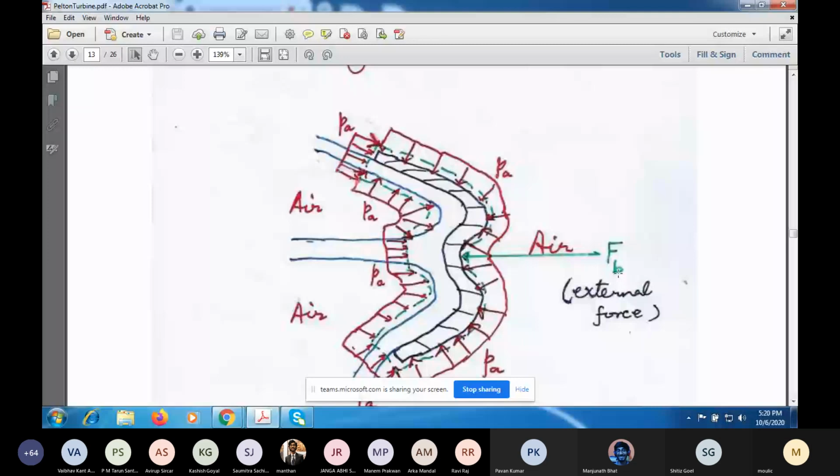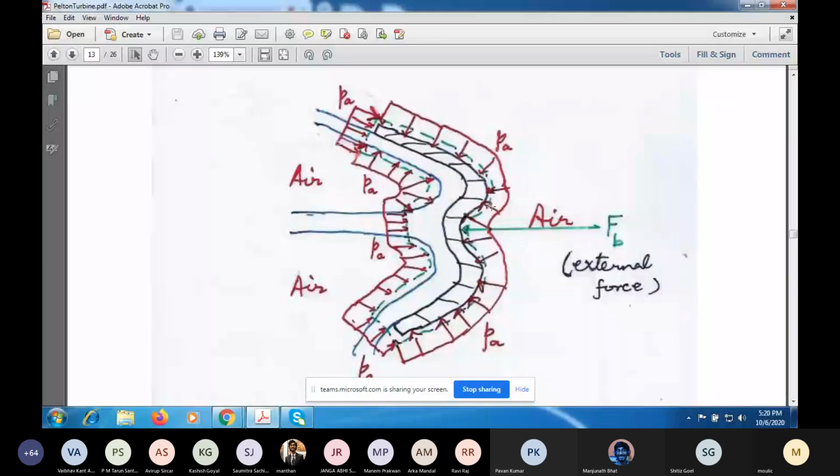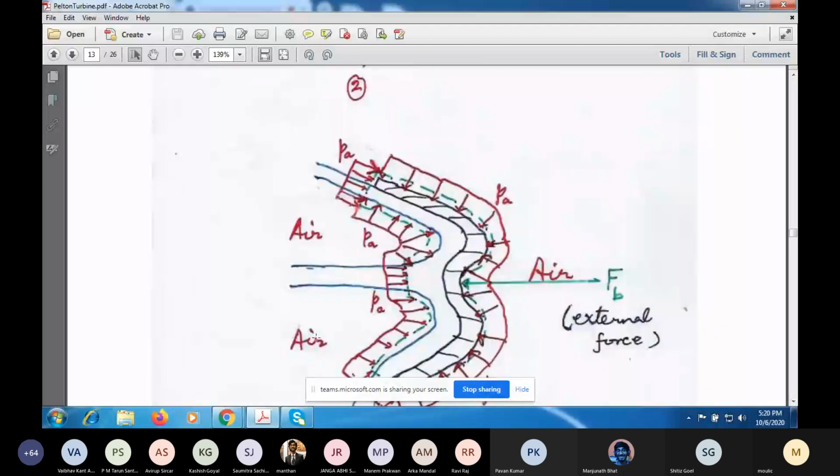Now there must be an external force on this to keep it from accelerating. So there is a change in momentum because of which there will be a net force. I have not shown the force due to gravity, which will be in the vertical direction, OY direction. We are interested mainly in the forces in the X direction, so I have not shown that here. So in the X direction, in the negative X direction, there must be a resisting force here.